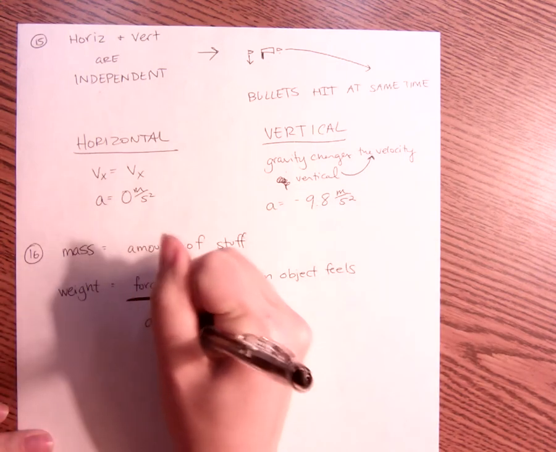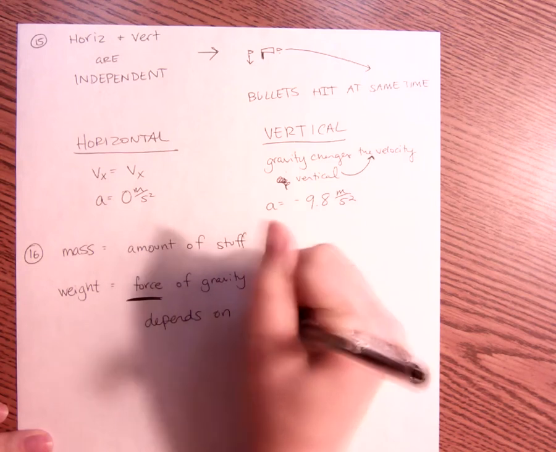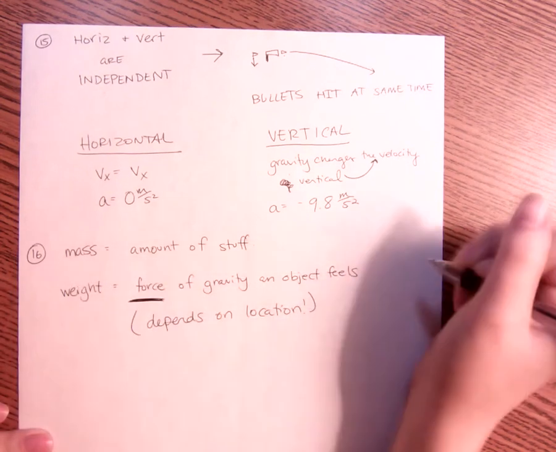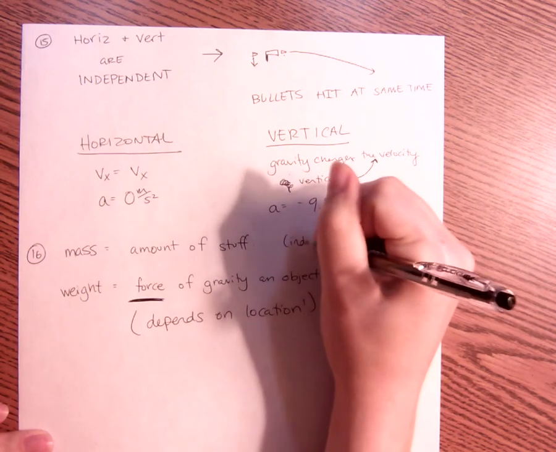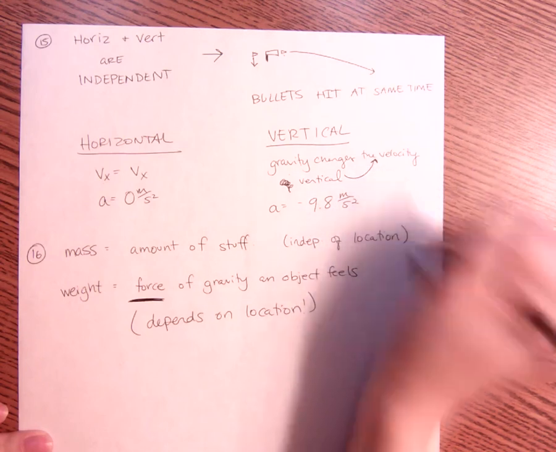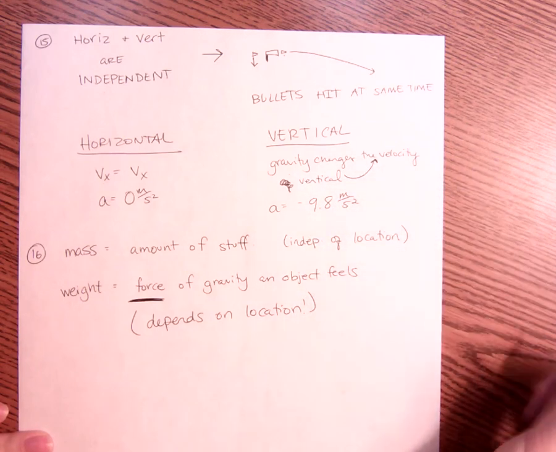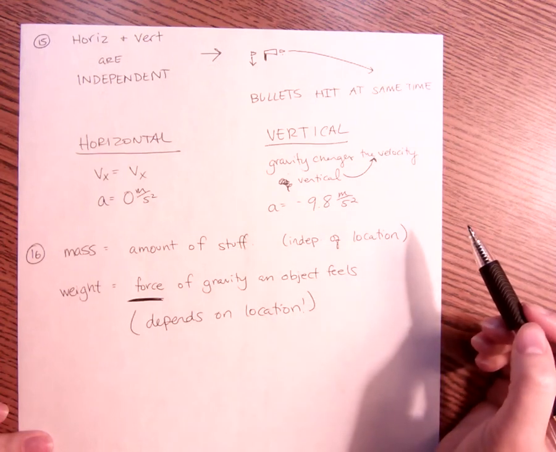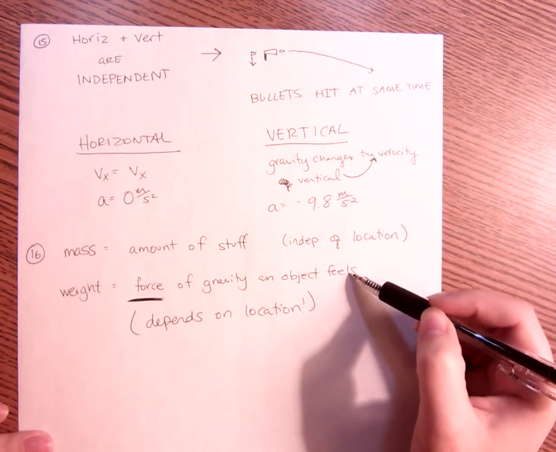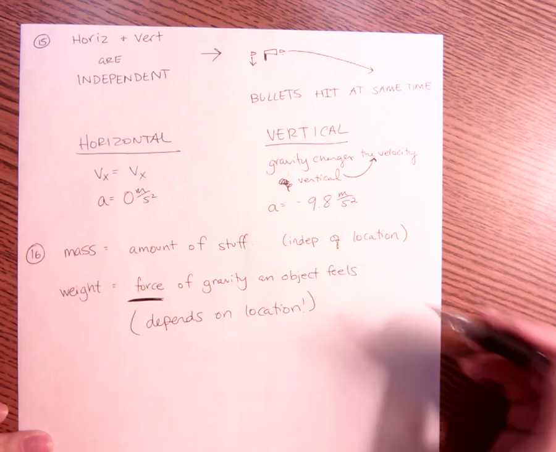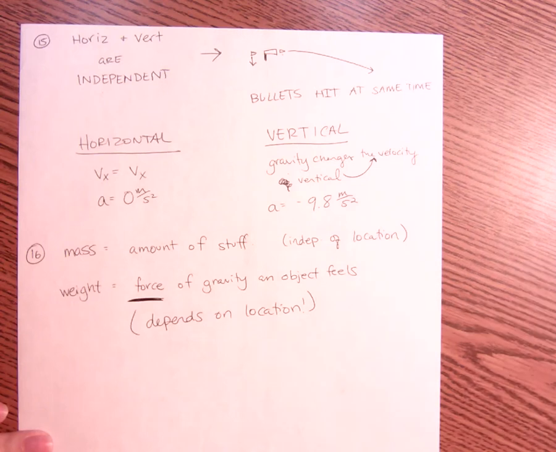Weight depends on location. Mass is independent of location. Wherever I go in the universe, I'm still going to be made up of the same amount of stuff. But the gravitational force that pulls on me is going to change depending on the planet that I'm on, or the star that I'm next to, or the moon that I'm orbiting.